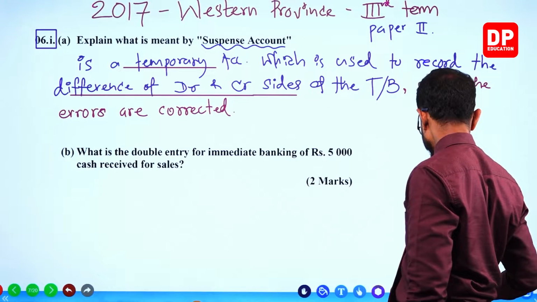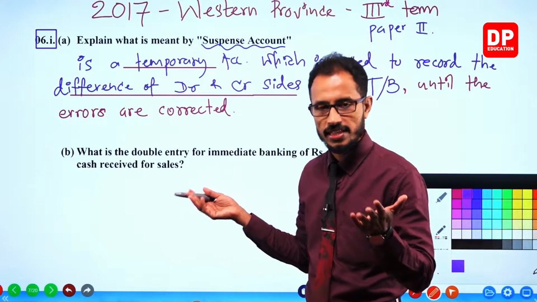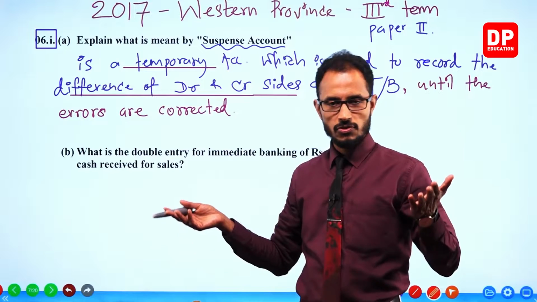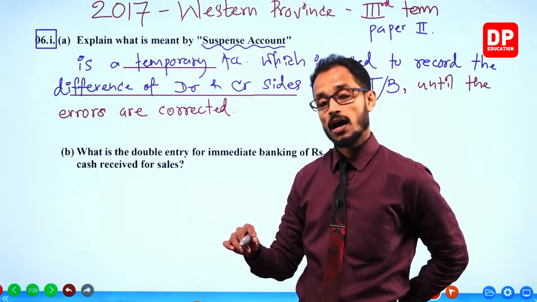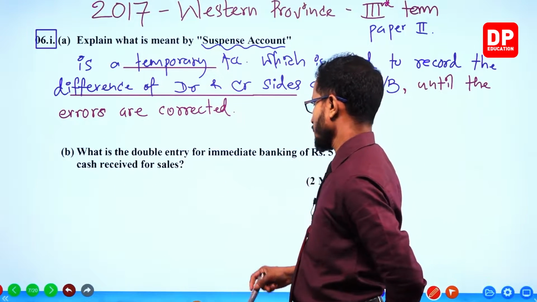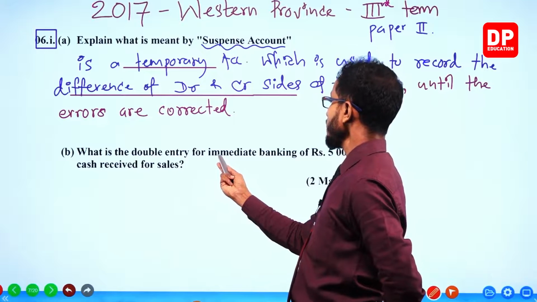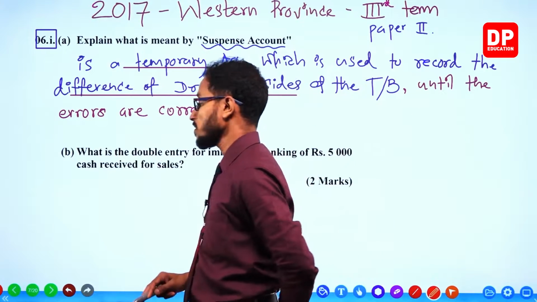Look at the question now. First of all, you need to read the question. What is the double entry for immediate banking of 5,000 cash received?